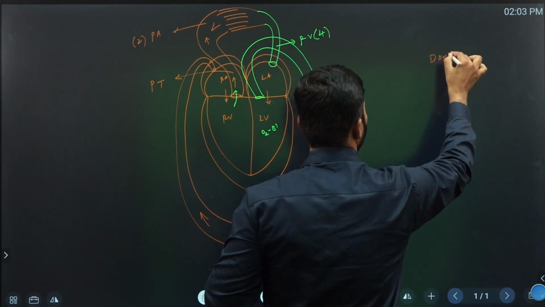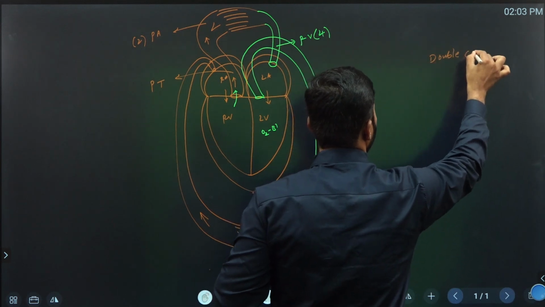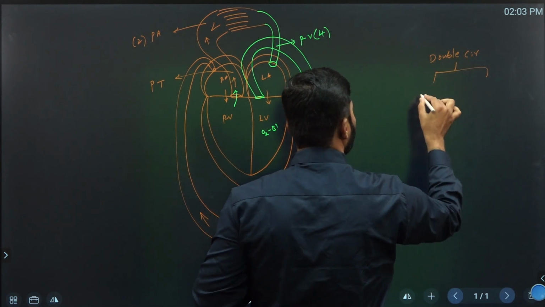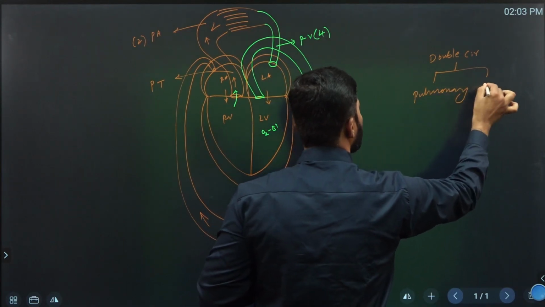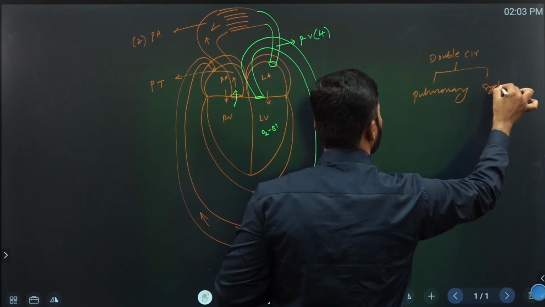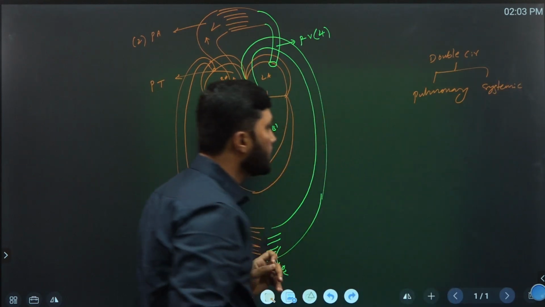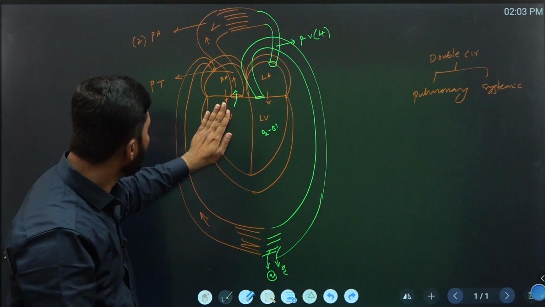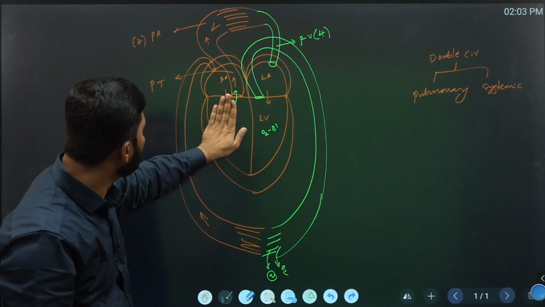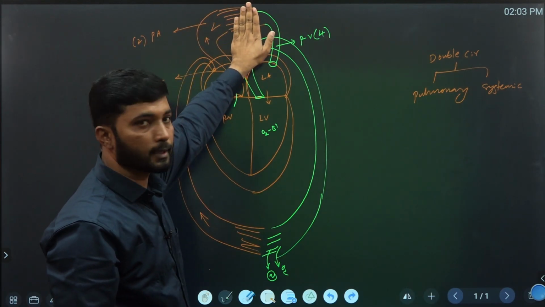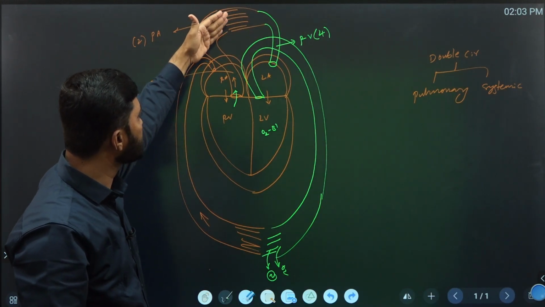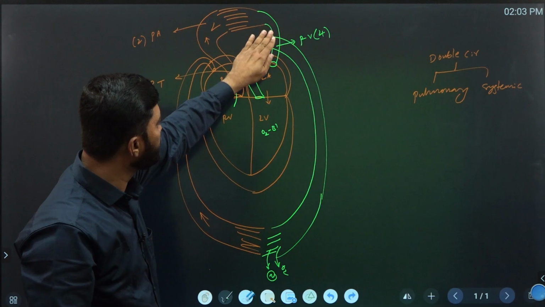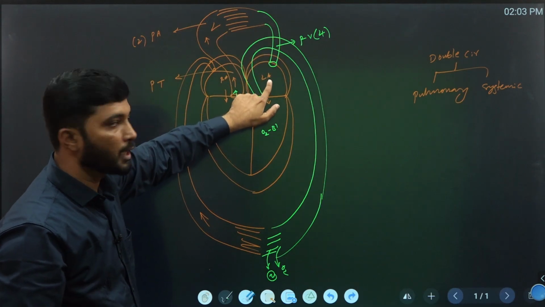Double circulation has two types, pulmonary and systemic. In pulmonary circulation, the right ventricle's blood moves towards the lungs first, and after gas exchange in the lungs, the oxygenated blood reaches the left atrium.